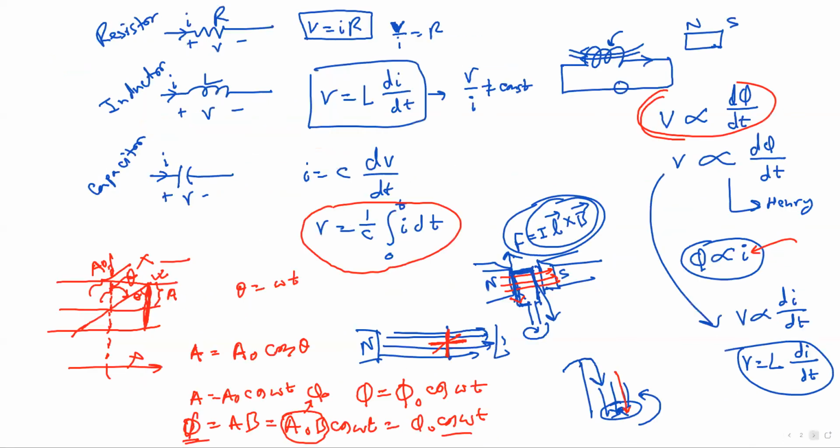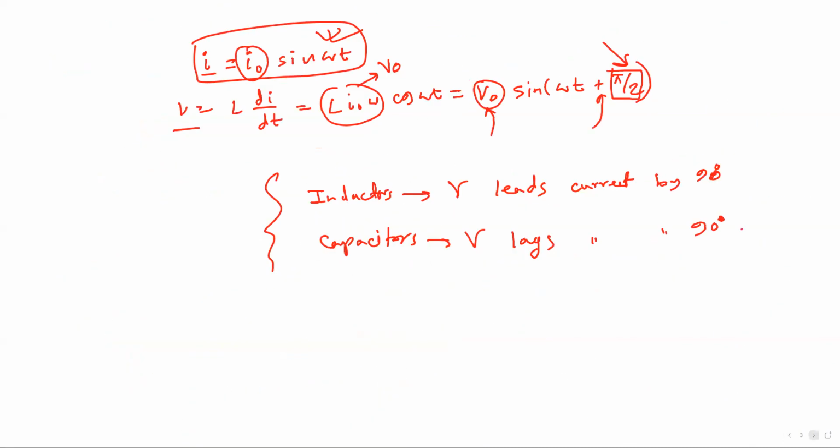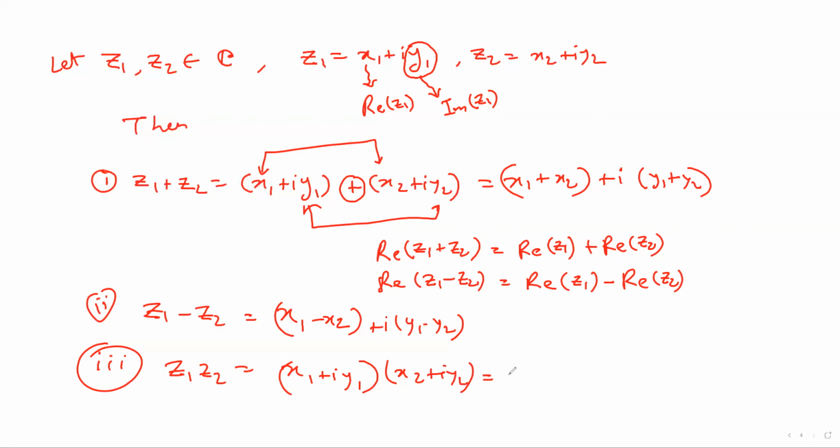We are not yet sure if multiplication in the set of complex numbers is defined, but it all depends on the outcome, if this outcome is in the form a plus ib or not.